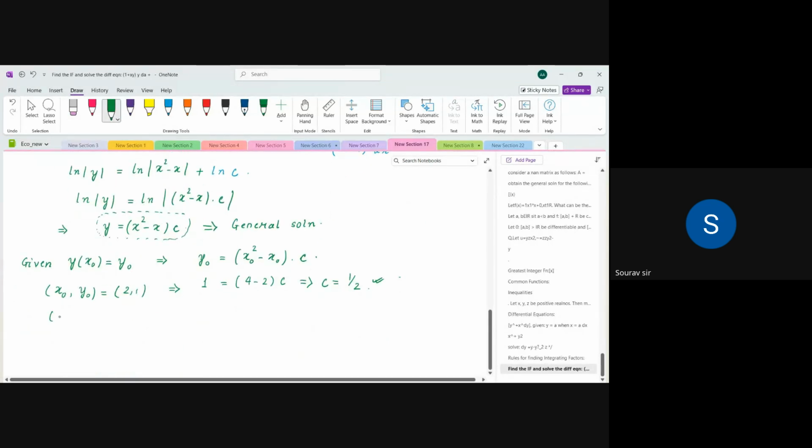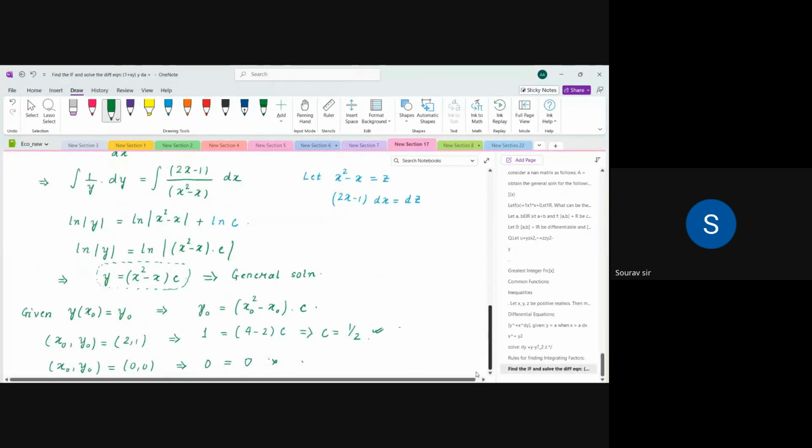If you put 0, 0, what are we getting? 0 equals 0 times c. Sorry, 0 equals 0, right? So from here we are not getting anything. This is out. What about 1 comma 2?